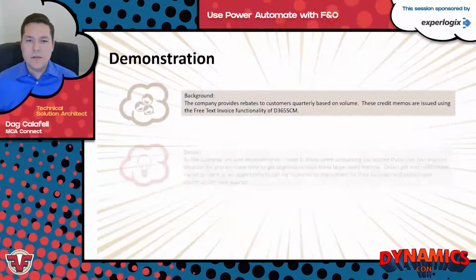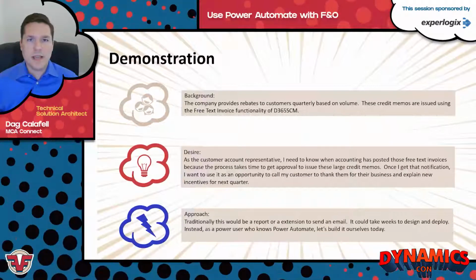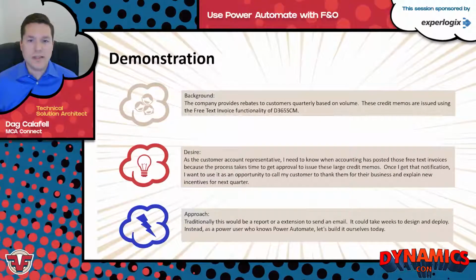Let me paint a picture here with a use case, and then let's go and do it together. So the background here is that my company provides rebates to customers quarterly based on the sales that we had with that customer. These credit memos are issued in the free text invoice page in Finance and Operations.